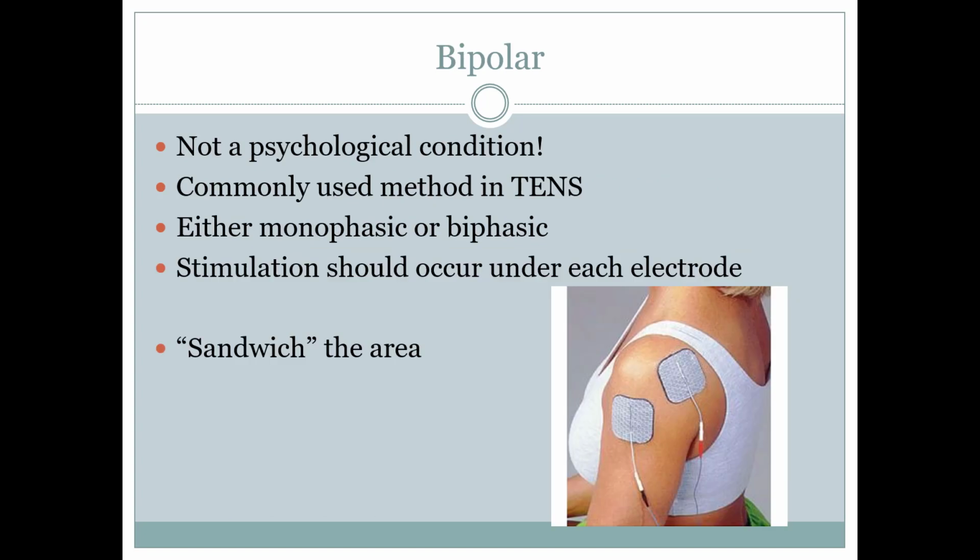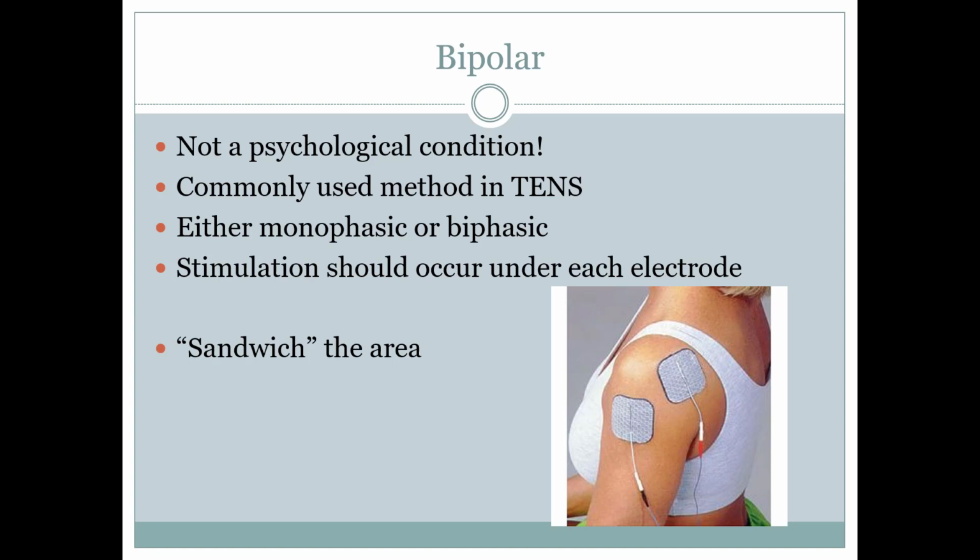Bipolar pad placement is another option. A bipolar pad placement occurs when you have two active pads that are equal in size. Remember, we are not talking about bipolar being a psychological condition. Rather, this is an electrode placement setup that can be modified for our patients. This is a commonly used method in TENS, or transcutaneous electrical nerve stimulation.